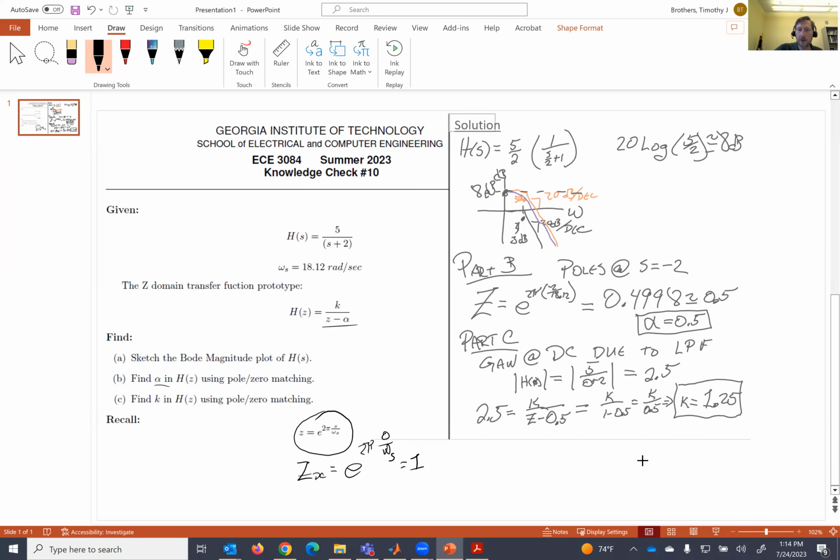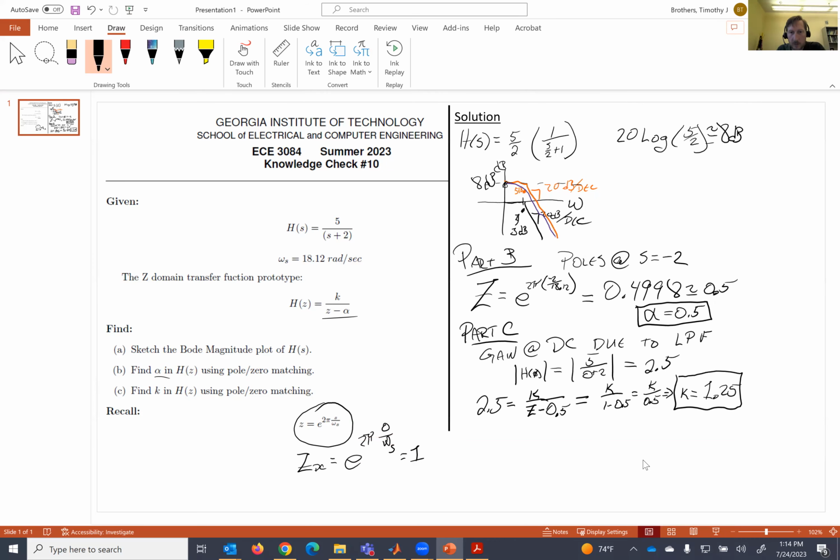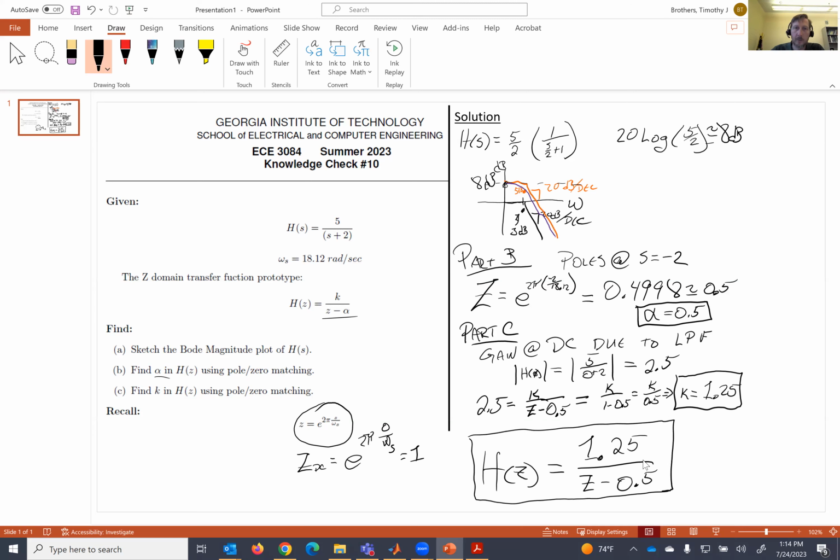We can see that given all this, what we are going to get as our final solution is that H of Z is going to be equal to 1.25 divided by Z minus 0.5. So this is our overall answer for plugging in H of S.